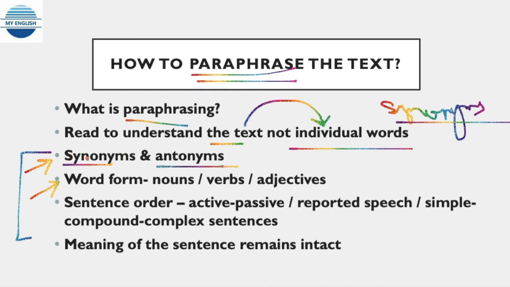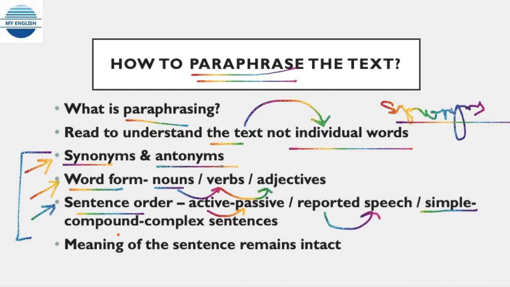So for that you need to know what are synonyms, what are antonyms, the different word forms. So sometimes the word is changed from a noun to a verb to an adjective. So you should be knowing whether the word has been changed or not. These are the different ways. Another way is the sentence order is changed. For example, from active to passive or from passive to active. Direct speech becomes reported speech.